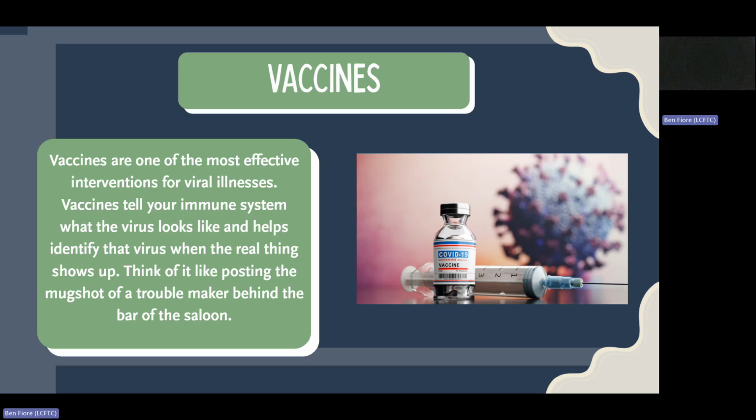So it allows your immune system to respond more quickly and more effectively. So your immune system can say, okay, we've seen this before, we are prepared to fight this. Without vaccination, that virus might get up to a certain load before your immune system ever begins to fight it. And so really it helps prevent those most severe cases, but it does not prevent infection.